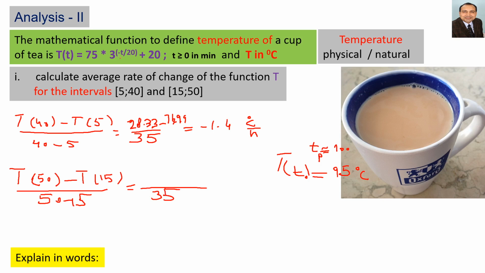Inserting the value of time here, you have T at 50 value 24.81 minus 52.9, divided by 35. So you have here minus 0.8 centigrade per minute. So this is the unit.